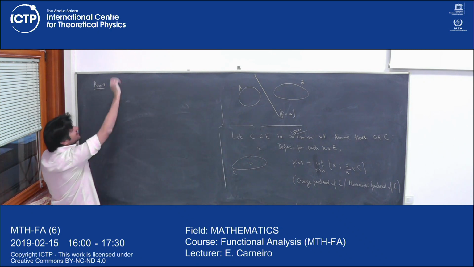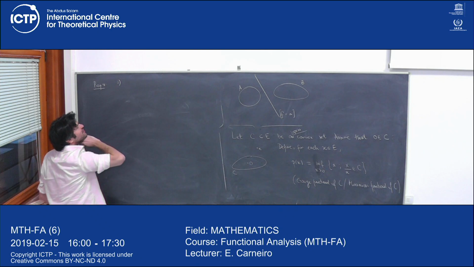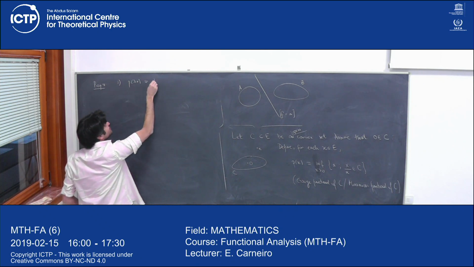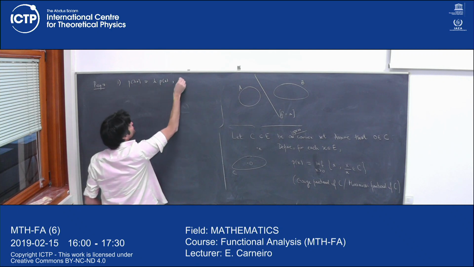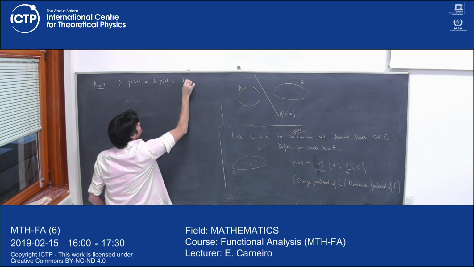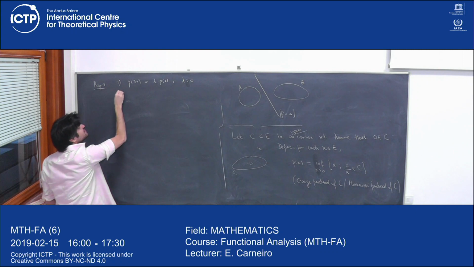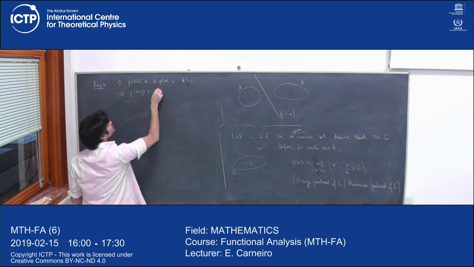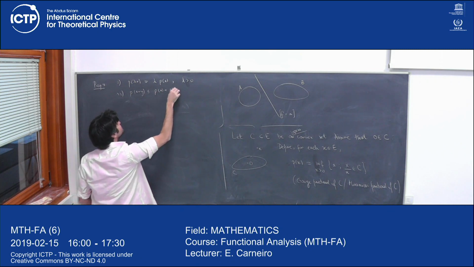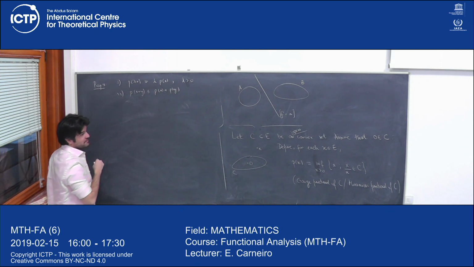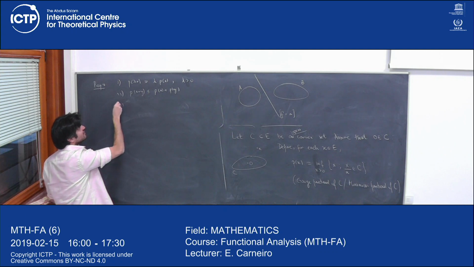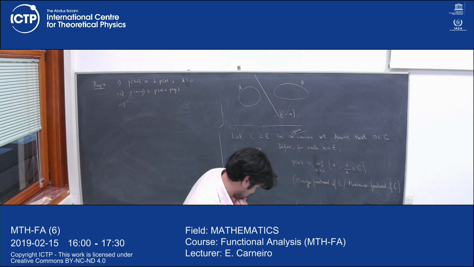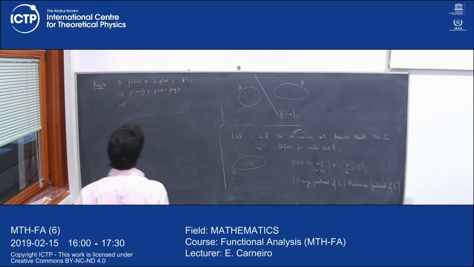So the proposition is, let's try to prove the following things about this function. 1: P of lambda x is equal to lambda P of x for lambda positive. Very reasonable, right? 2: P of x plus y is less than or equal to P of x plus P of y. Let's prove the sublinearity. 3: What else do I want to prove?